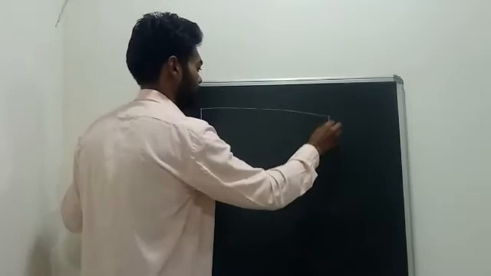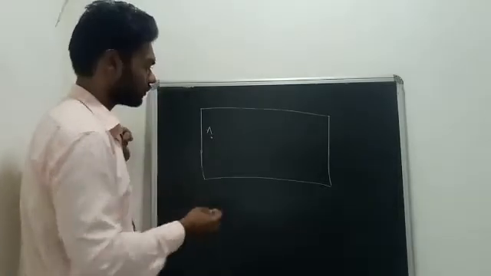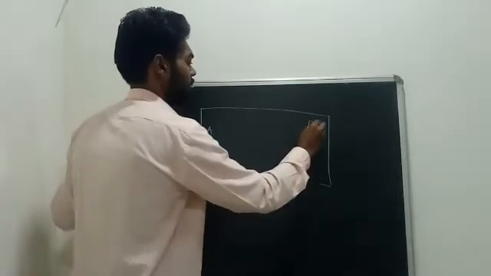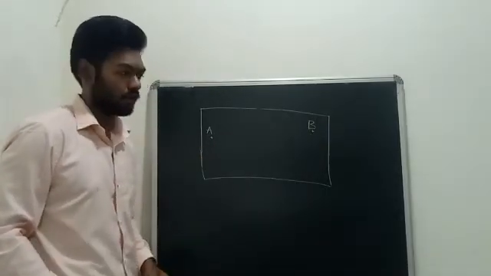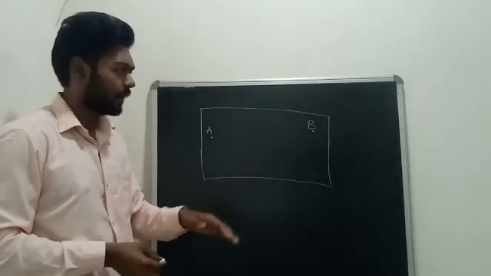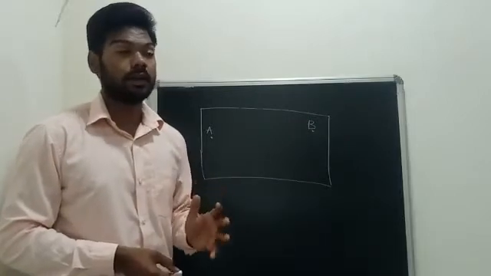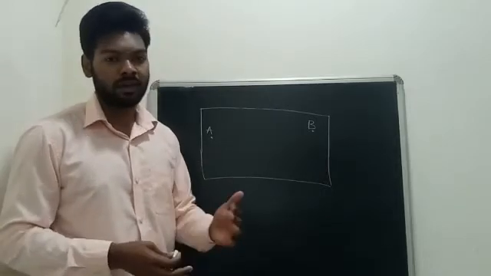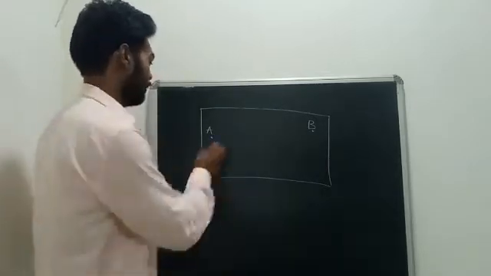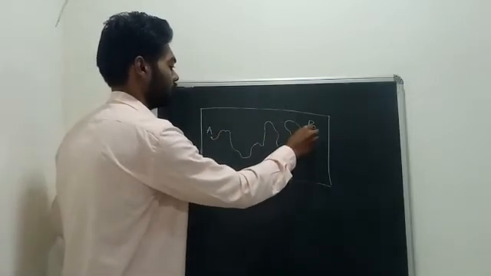Let's take an example. Point A and point B. If I want to go from point A to point B on land, if it is a plain, I can go straight from this point to this point. But no landform is straight except a plain or plateau, so there might be some turns that I have to take, there might be some rivers that I have to cross.